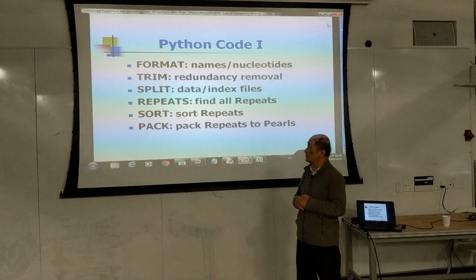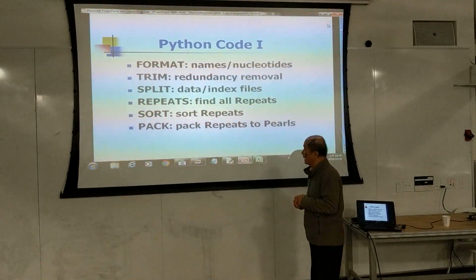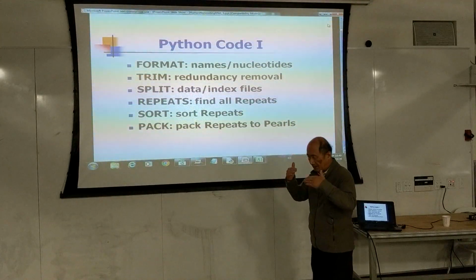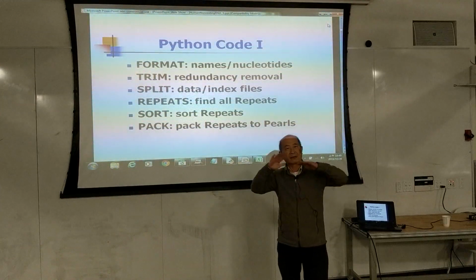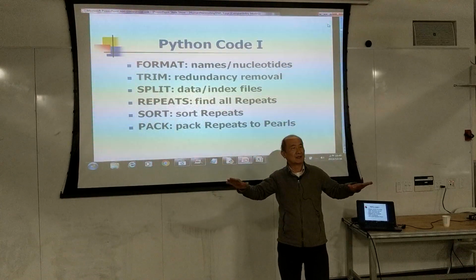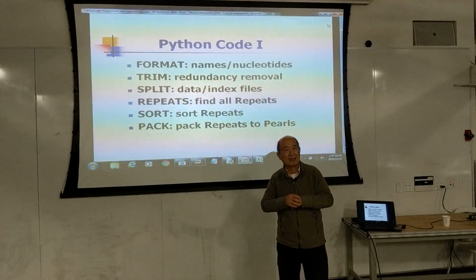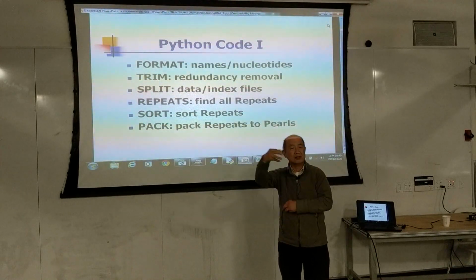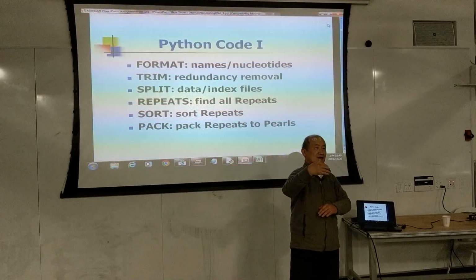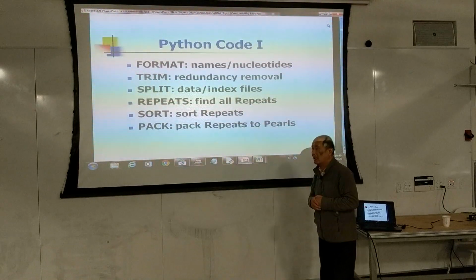So my basic strategy is to collect all data into a flat file, and then find all the patterns. After I find the patterns, I reinsert the index file to display the patterns in each individual RNA. So that's the program split.